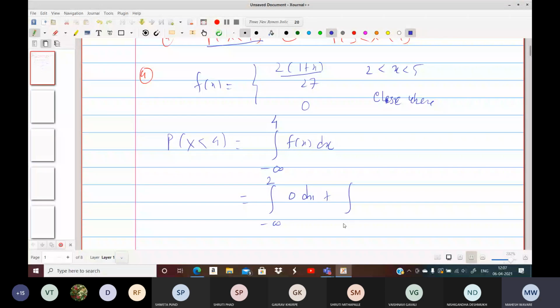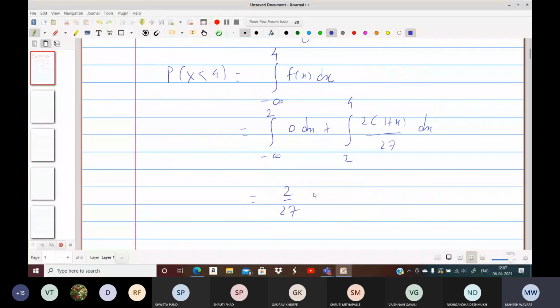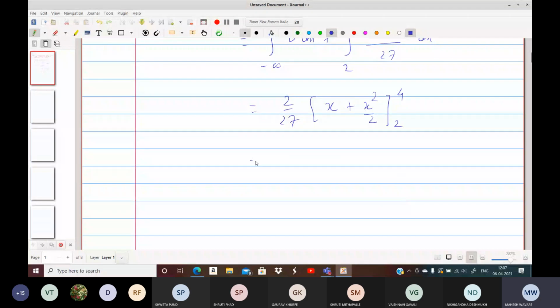2 upon 27, integration of 1 is x, integration of x is x square upon 2, and put these limits. So after calculations you will come to know what the answer is. 4 plus 16 by 2 when you put the upper limit, minus 2 plus 4 by 2. 2 square is 4.